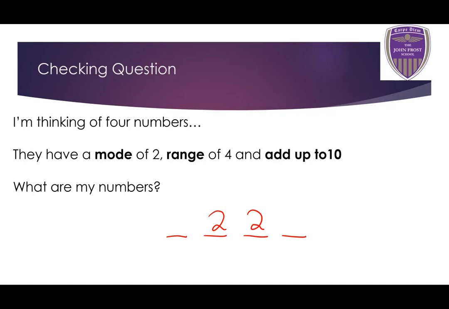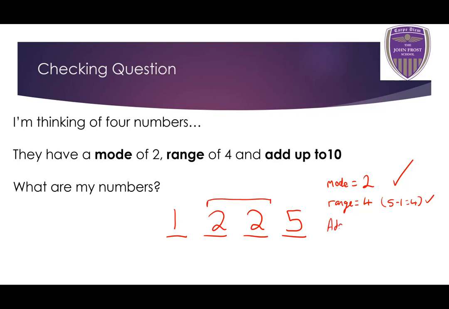And the only way you could do this is if your smallest number was 1 and your biggest number was 5. So the mode is 2, tick, because we've got two 2s. A range of 4, well, 5 take away 1 equals 4, tick.